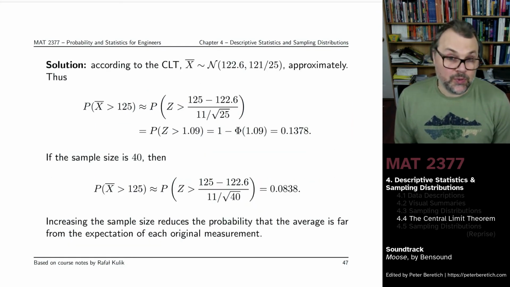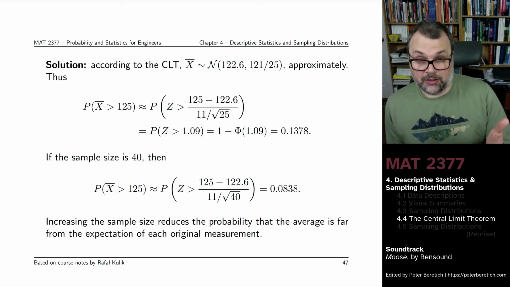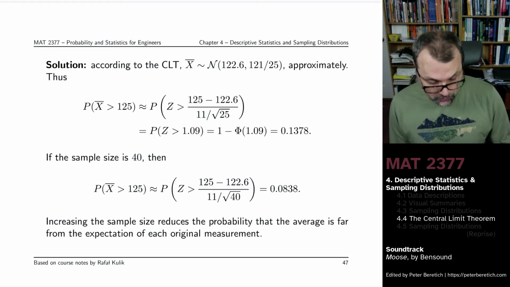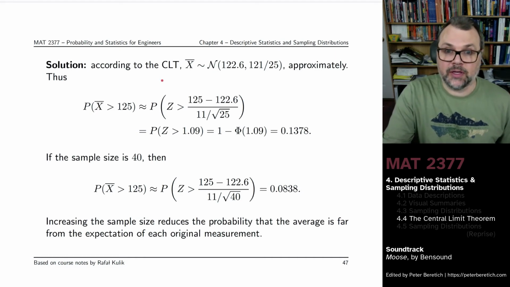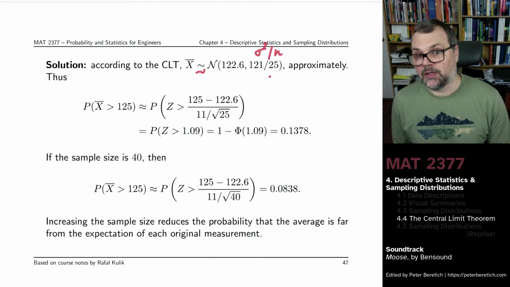Well, we use the central limit theorem. The average measurement should follow, or at least be close to following, a normal distribution with mean mu, 122.6, and variance sigma squared divided by n. So 11 squared divided by n, 25.